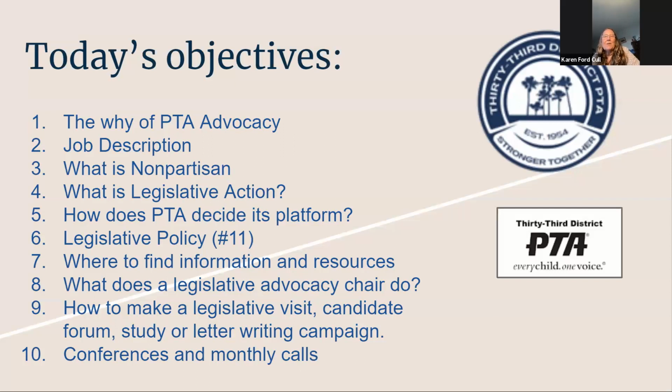So the first thing we're just going to look at is why we're doing advocacy, and we're also going to look at the job description. I think a lot of people aren't really quite sure what the legislative advocacy chair is doing, and a lot of units don't have one.